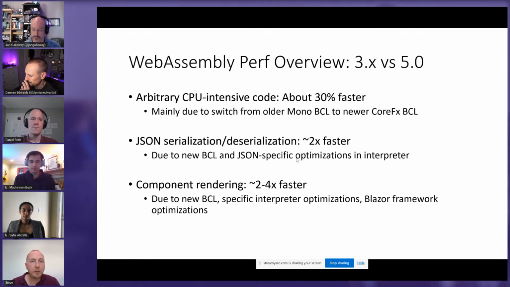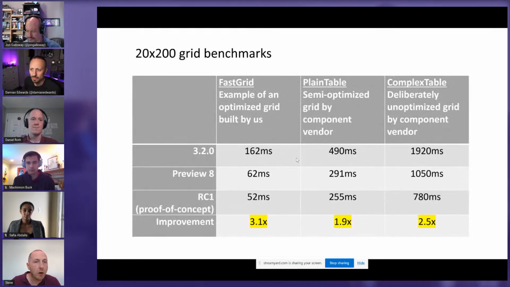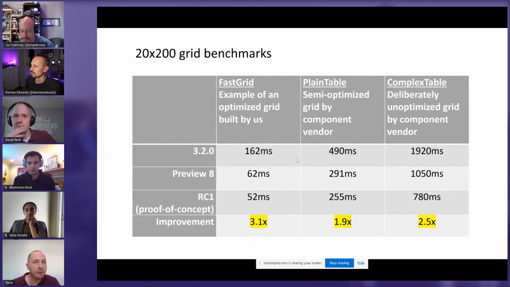Now, the primary scenarios that we've been looking at optimizing for component rendering are to do with grids. We regard grids as being quite representative of the sort of really intense thing that people do in the real world, because you just end up with a lot of stuff on the screen at once if you've got a really large grid. So the benchmarks that we've been focusing on optimizing for are a set of different 20 by 200 grids.